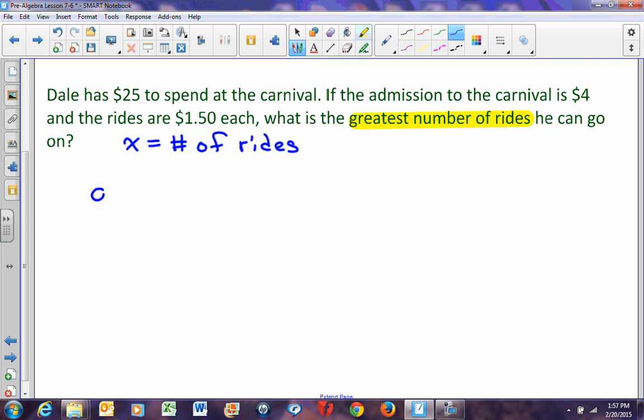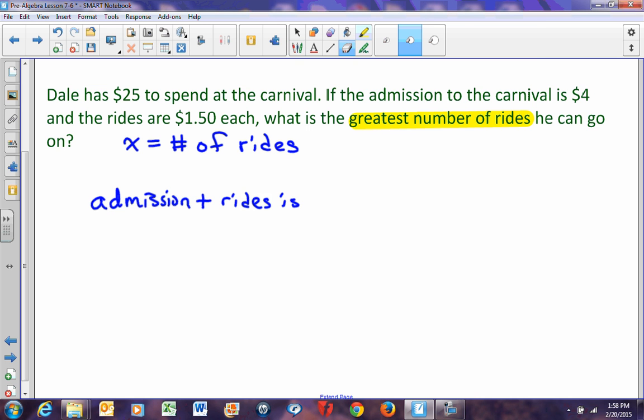So, admission, plus rides is less than or equal to, how do I say it, is at most $25.